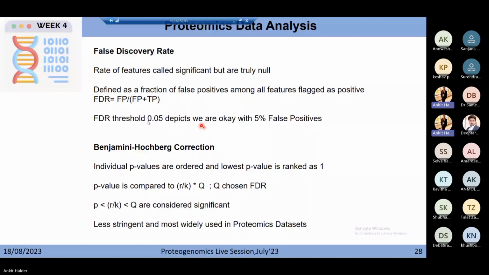Whenever we calculate the p-value, it is not powerful enough by itself, especially given the number of samples that we use, to tell us that yes, this protein or gene is actually significantly differentially regulated. So this FDR calculation is required. An FDR threshold of 0.05 means that we are okay with 5% false positives.